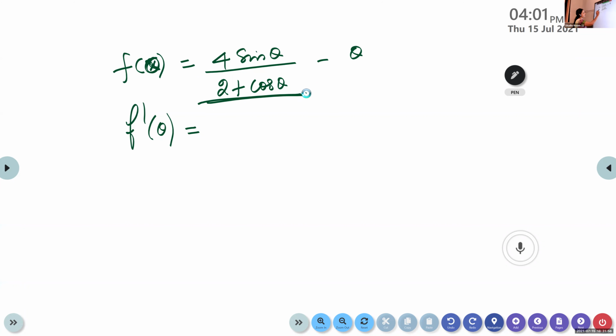Okay. So in the quotient rule, how will you differentiate? Keep the denominator as such, times the derivative of numerator, v into u dash. Yes, Michael, tell me what is u dash? 4 sine theta. If we differentiate, what is the derivative of sine theta?